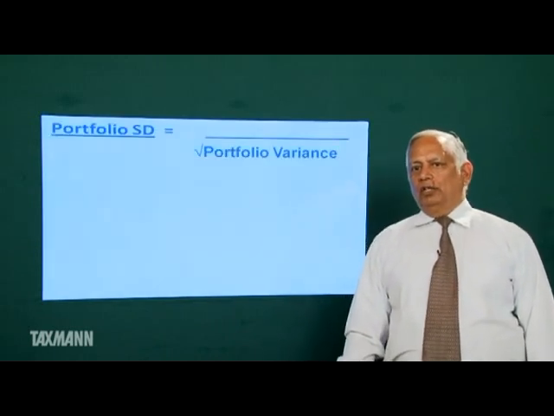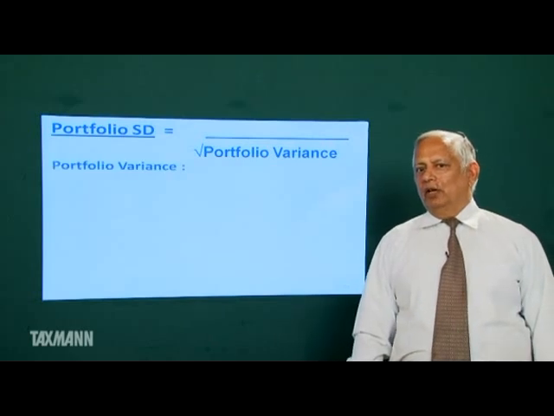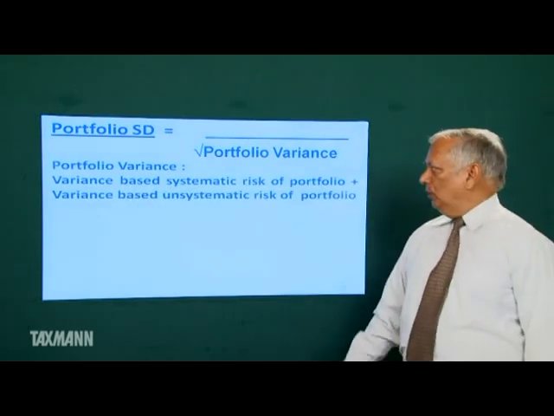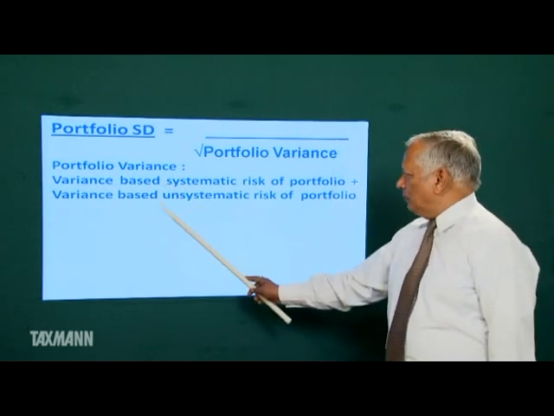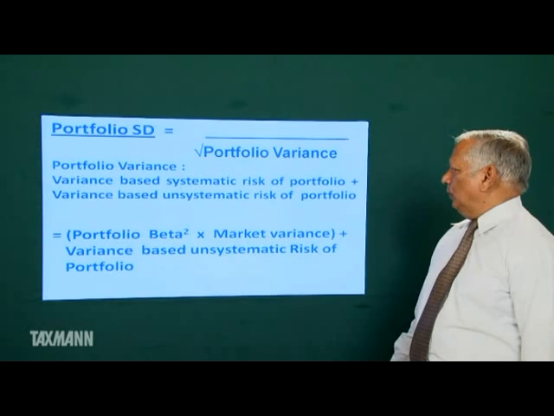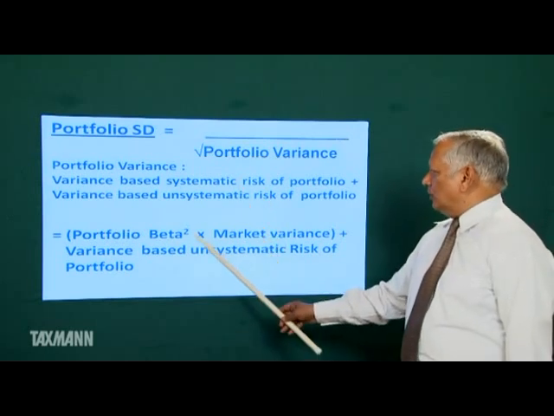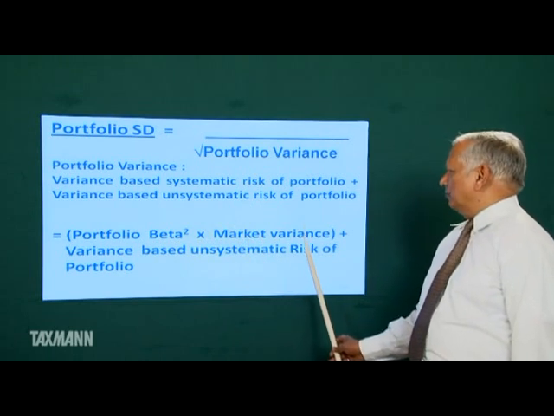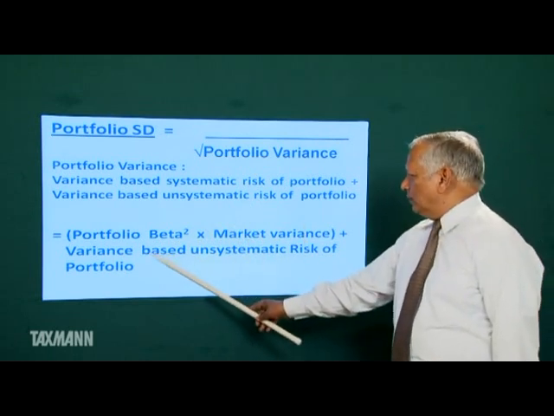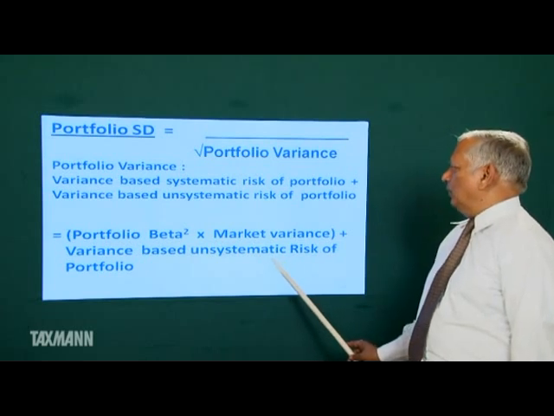Portfolio standard deviation is the square root of portfolio variance, and portfolio variance is equal to variance based systematic risk of portfolio plus variance based unsystematic risk of portfolio. Variance based systematic risk of portfolio is equal to portfolio beta square into market variance, and in this we add variance based unsystematic risk of portfolio.